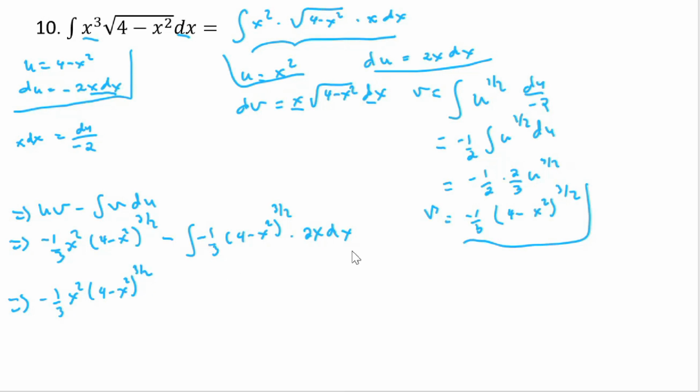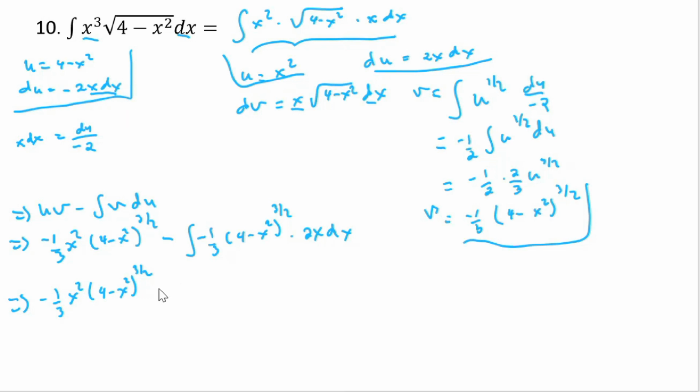From this integrand, we need to solve this one using substitution again. So let u here be 4 minus x squared, they're almost the same in here. And then the derivative of that now becomes the negative 2x dx. So I have 2x here, and I also have negative here. So I will just combine the negative sign to the 2x to come up now with the negative 2x dx to become the du.